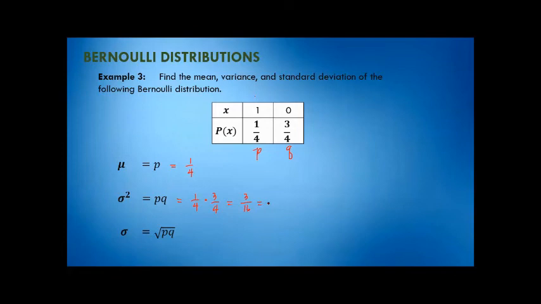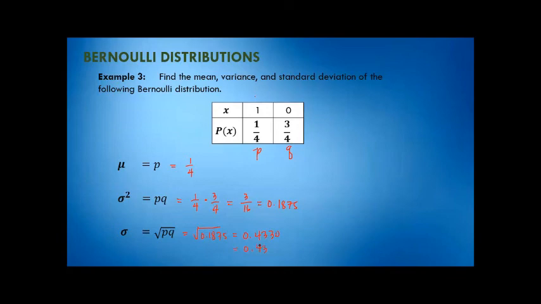In decimal, 3/16 is 0.1875. That is the variance. Then, the standard deviation is the square root of the variance. So, square root of 0.1875, 0.4330, or just 0.43.